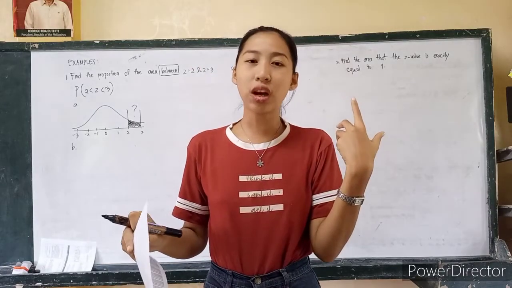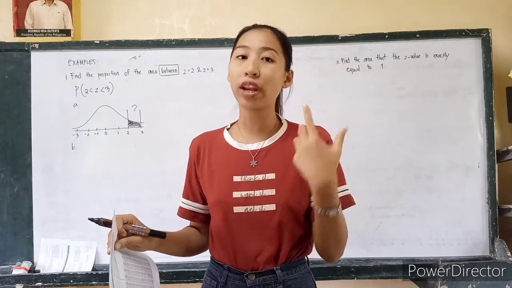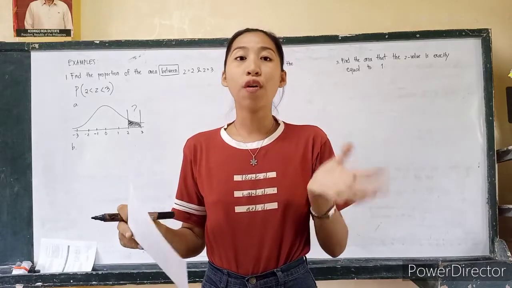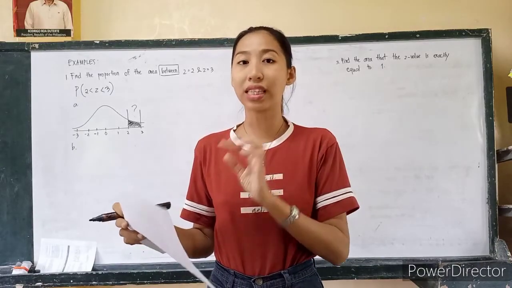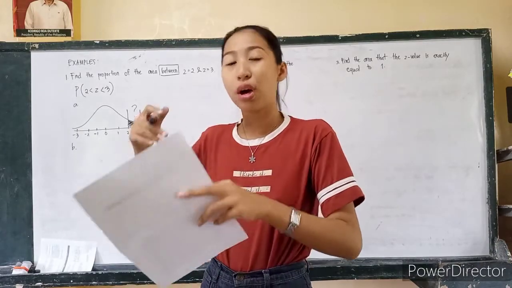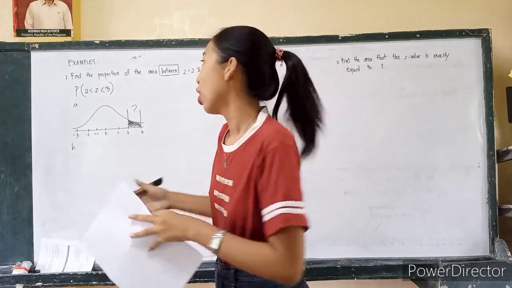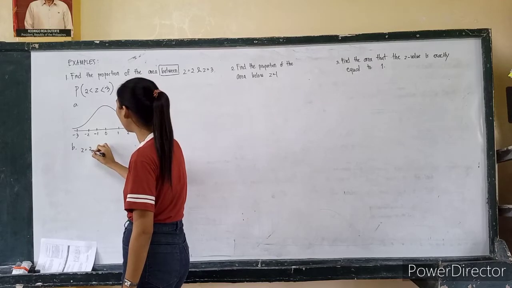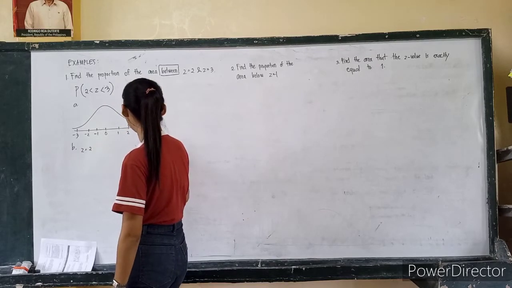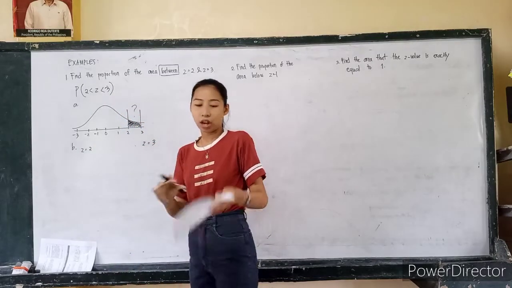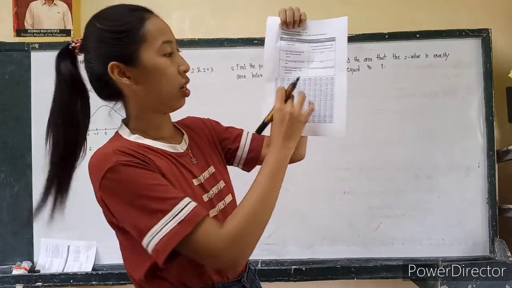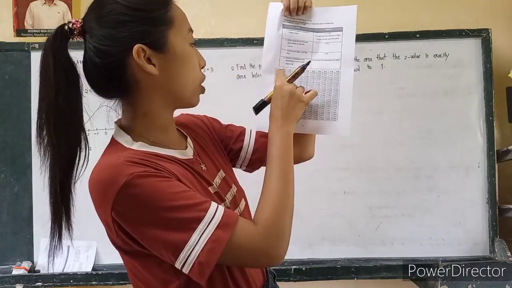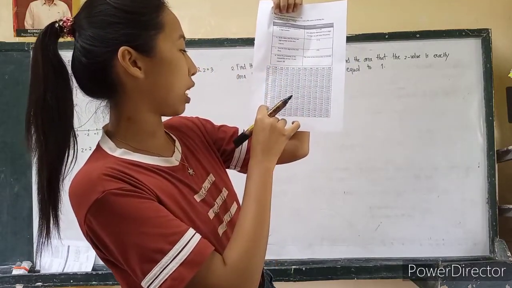In my previous video, I told you, or I already taught you how to find or how to get the Z table value of the Z's nga ginahatag, no? So, ang first nato nga Z nga pangitawan is equal to 2. Well, the other one is Z is equal to 3. Now, looking at your table value, our z is equal to 2 is right here.